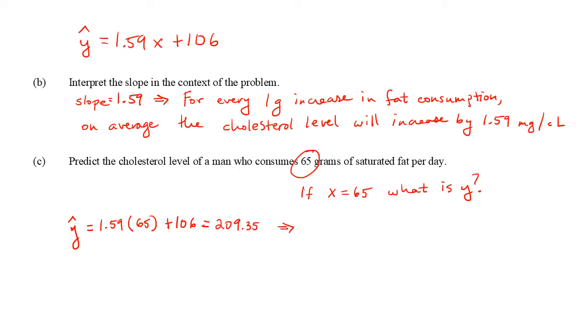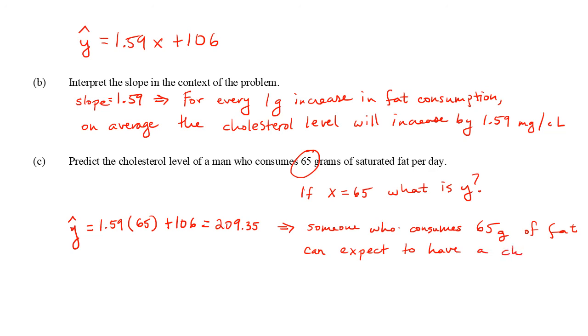So that tells us roughly that someone who consumes 65 grams of fat can expect to have a cholesterol level of 209.35 on average.